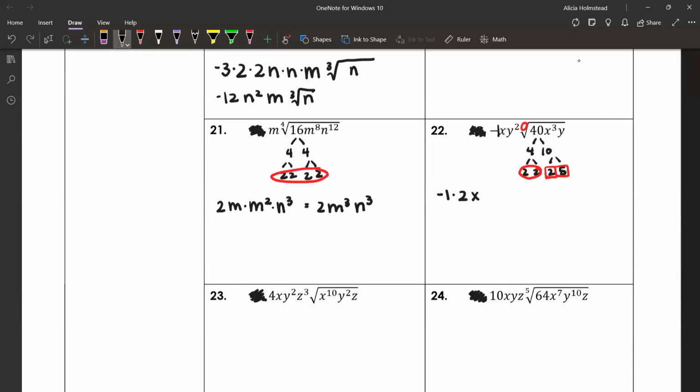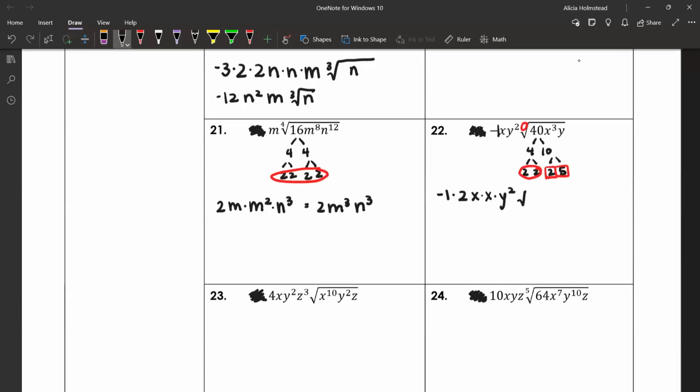And then we already have an x on the outside. On the inside, we have 3 x's. Our index is 2, so we're looking for how many groups of 2. In 3, we have one group of 2, so we can pull out an x with 1 left over. And then we'll do the y squared that's already on the outside. On the inside, we only have one y, and we're looking for groups of 2, so that won't pull out.